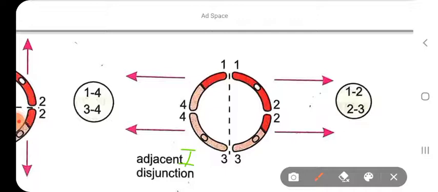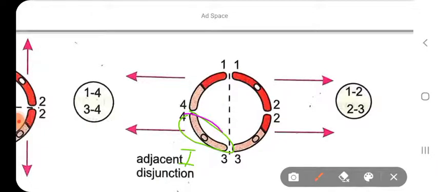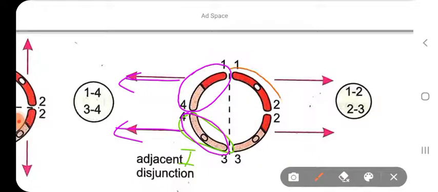So you can see one normal chromosome here. I am changing the color so you can identify it very clearly. So one normal chromosome and one translocated chromosome move to one pole. Here also I am changing the color for distinguishing. This is one normal chromosome, this is one translocated chromosome moving to the other pole.